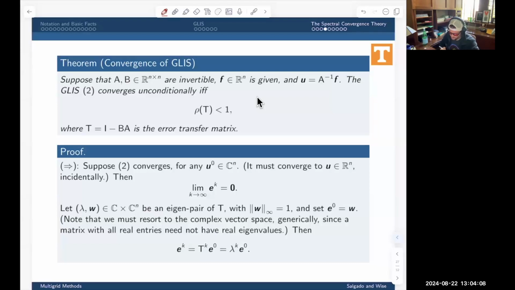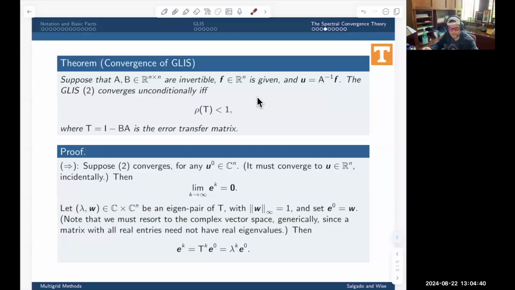Now here's the general convergence theorem for these general linear iterative schemes. Suppose that A and B are invertible. Suppose that F is given, and suppose that U is the solution of AU equals F. And this is just a simpler way of saying that U is A inverse F. Then the general linear iterative scheme converges unconditionally if and only if the error transfer matrix for that scheme has a spectral radius which is strictly less than 1.